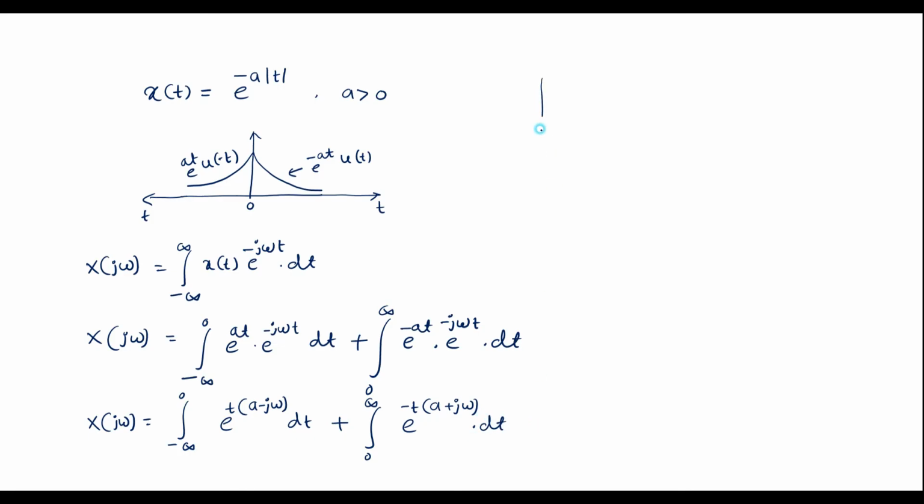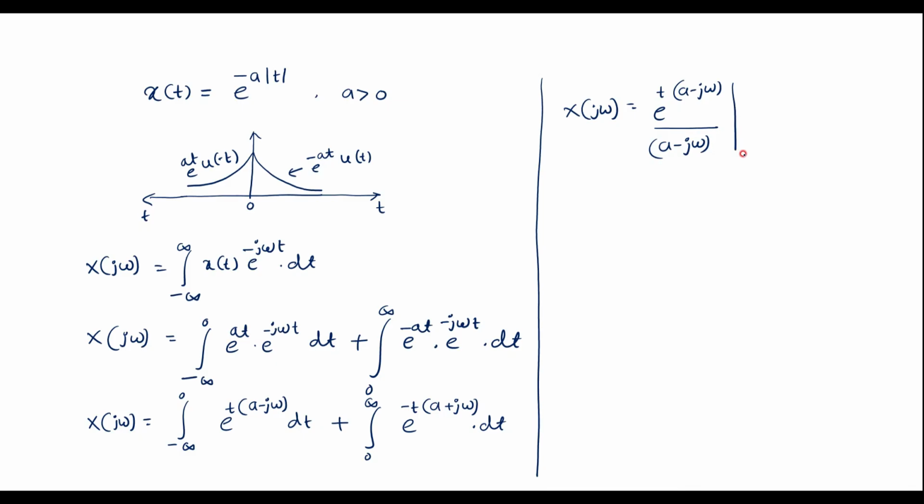Now let me simplify this further. The integration of e^(t(a-jω)) gives X(jω) equal to e^(t(a-jω)) divided by (a-jω).